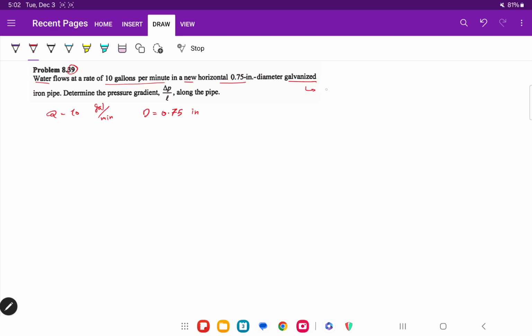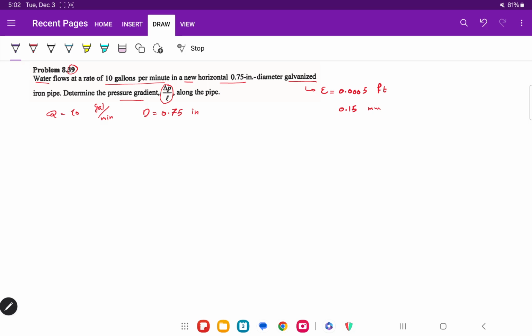So we know epsilon for this pipe equals 0.0005 feet. Remember, it was 0.15 millimeters, but here we should work with feet. And determine the pressure gradient delta P over L along the pipe.